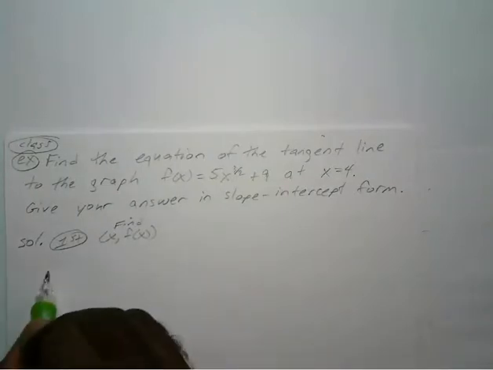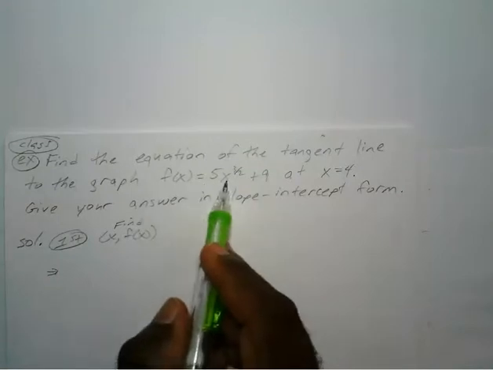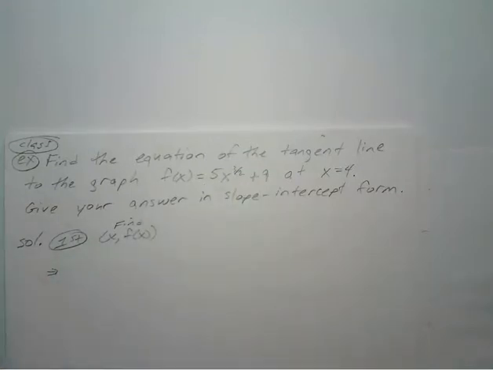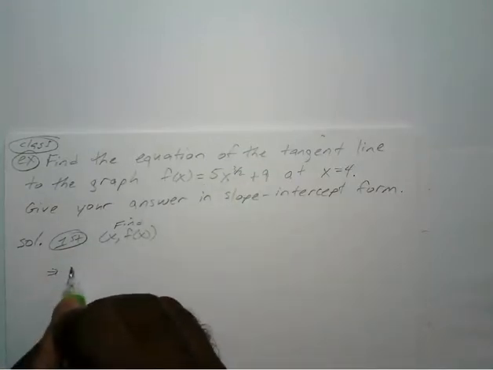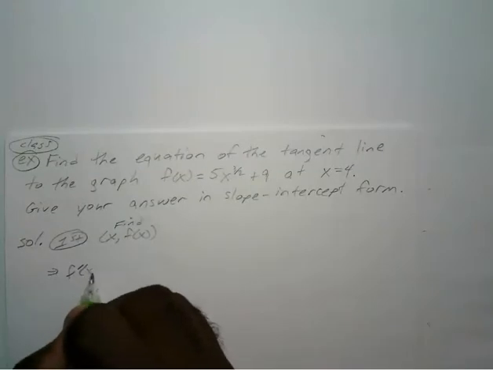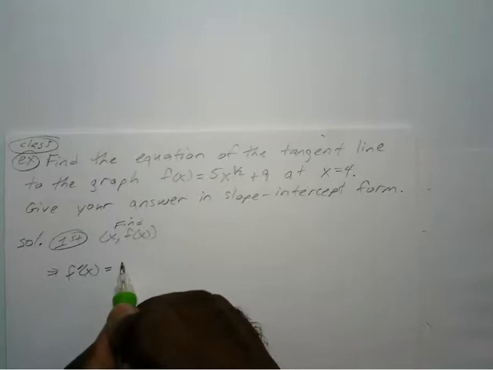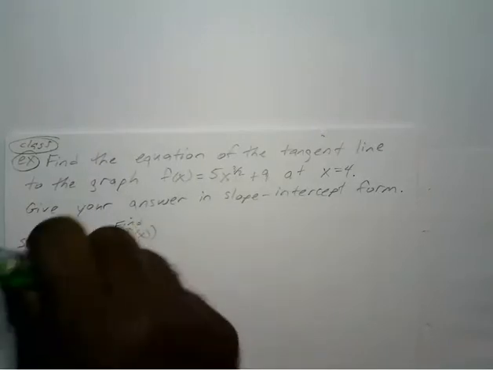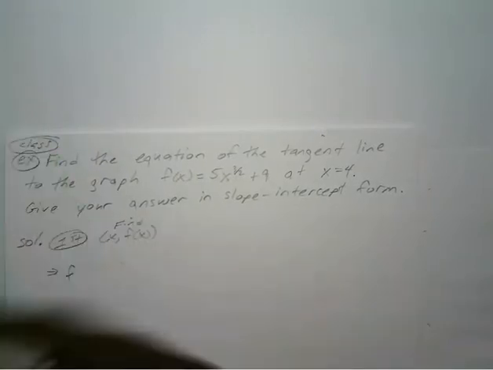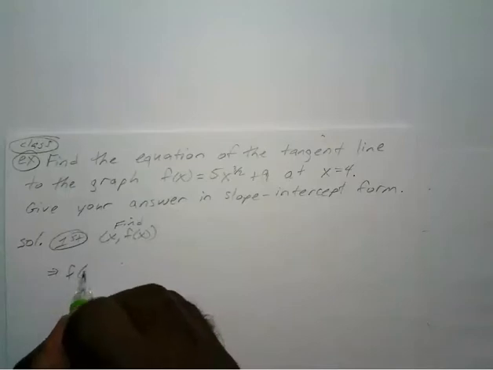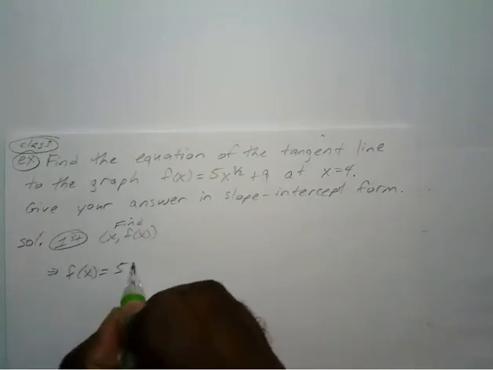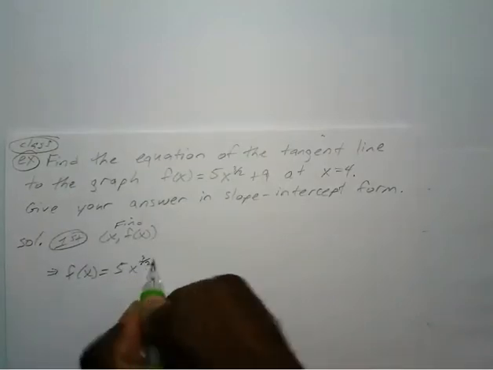Okay, so we know that our f of x is 5x to the 3/2 plus 9. Oh, not f prime of x, we're jumping the gun a little bit. So f of x is 5x to the 3/2 plus 9.